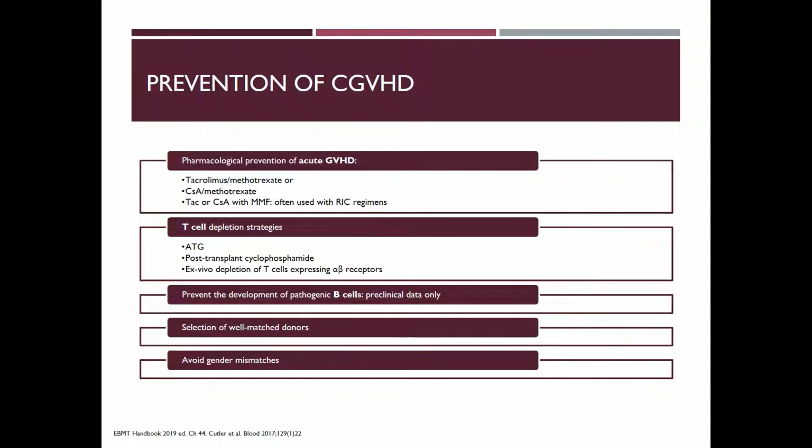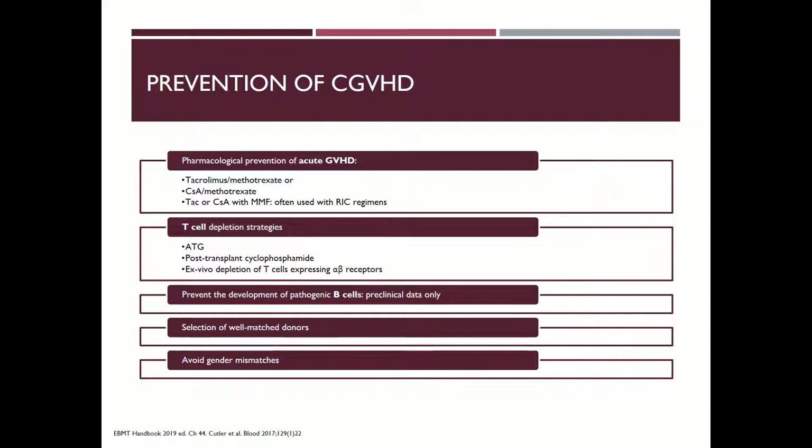In Canada, this is usually accomplished for myeloablative transplants using a GvH prophylaxis regimen of tacrolimus-methotrexate or cyclosporin-methotrexate. In the reduced intensity setting, the GvHD prophylactic regimen is often tacrolimus or cyclosporin combined with mycophenolate mofetil, known as MMF.